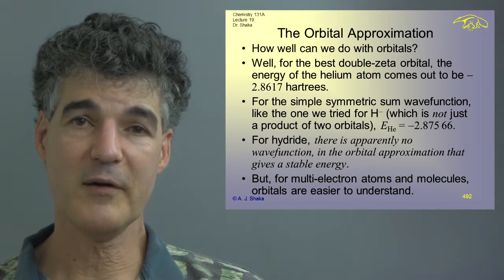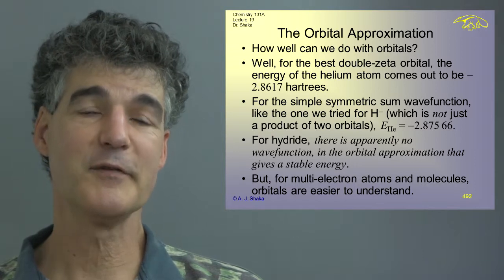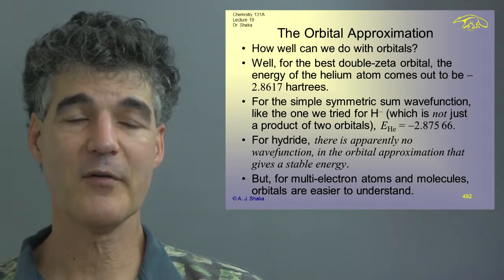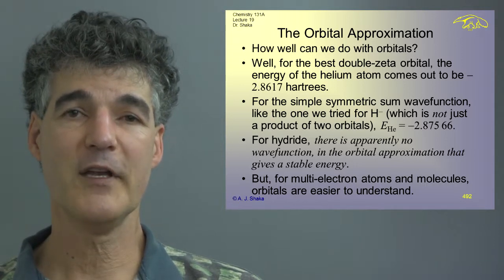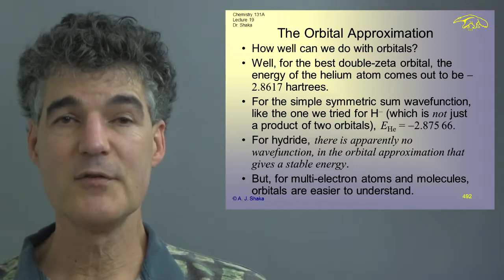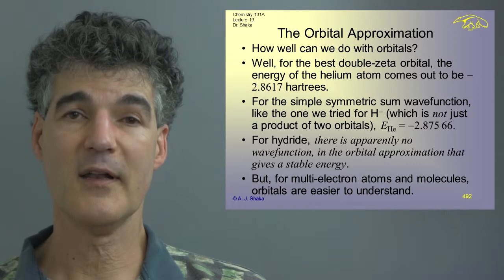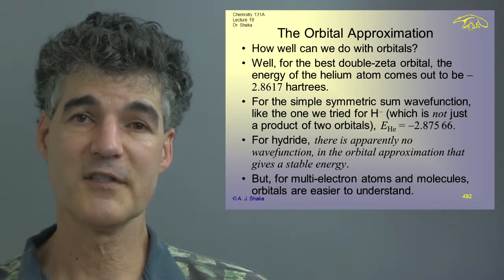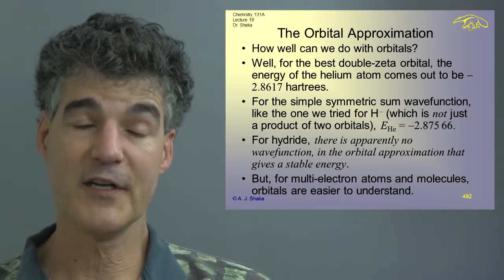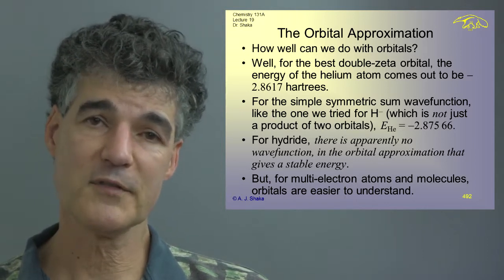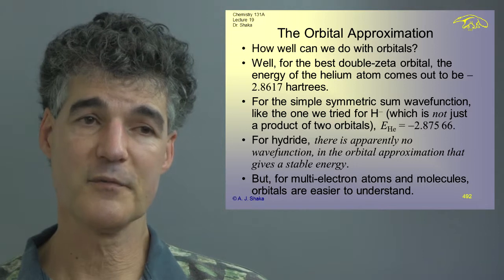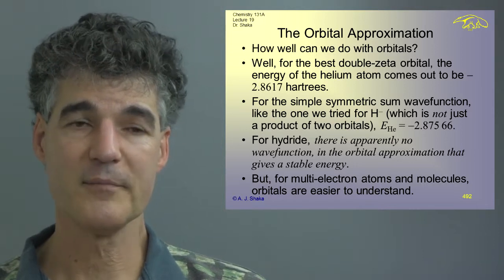And so it would be kind of tedious to find that out, and I'm not quite sure myself how that's proven. But if we take two double zeta terms like that with hydride and do the same thing, we get an energy higher than minus a half Hartree. So that simple symmetric function is better.